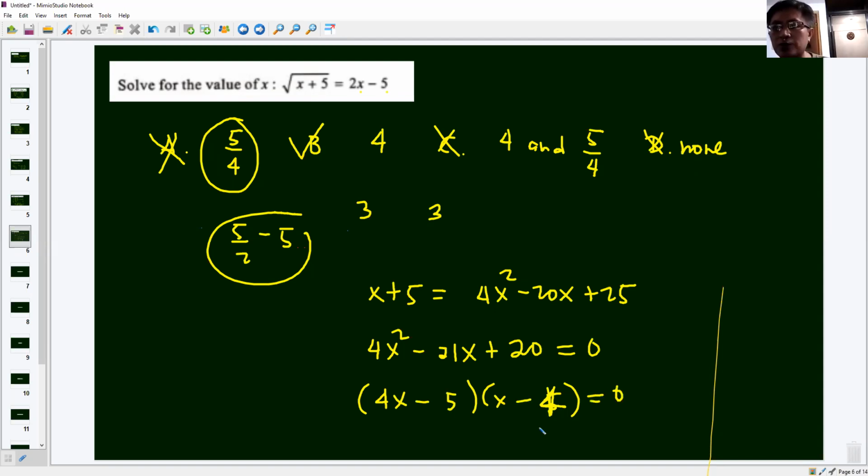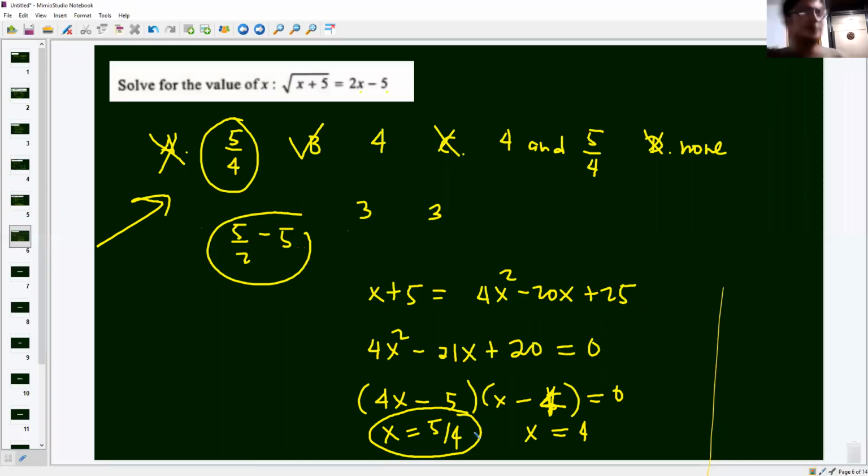Kaya nga nakuha yung 4 and 5 over 4. But, you know, pag square root, radical equation, you have to check. You still have to check. Babalik ka rin sa pag-check. So I suggest, diretso mo na sa choices. Kasi may choices eh. And this is what you call an extraneous solution. Right? See, di ba? Ganun lang yan, guys. Maximize time. Use any strategy to save time. Next problem.